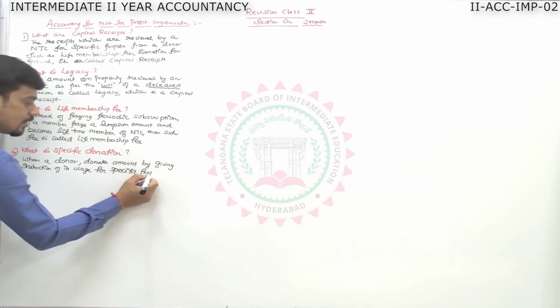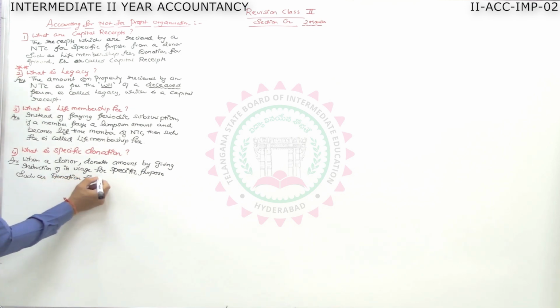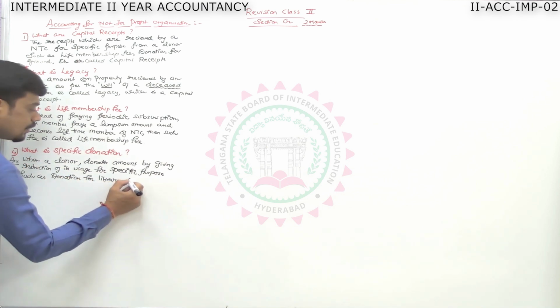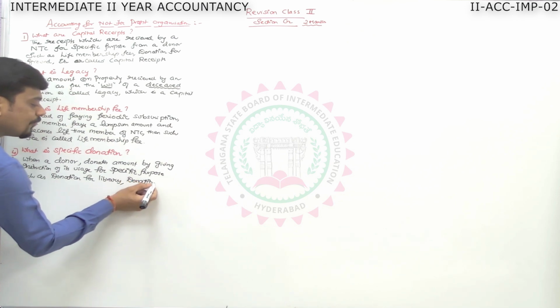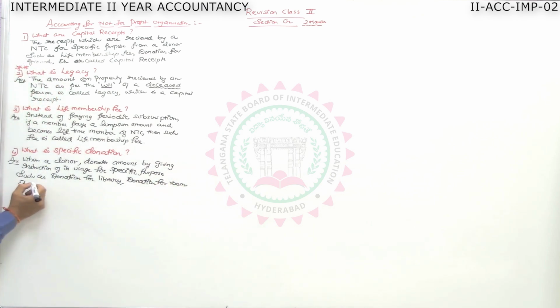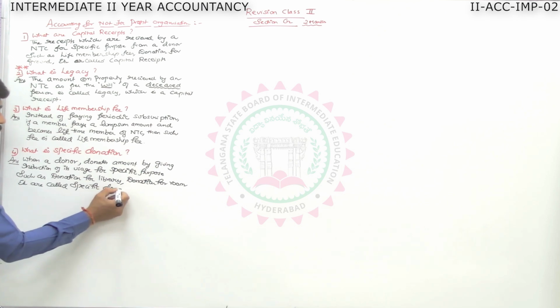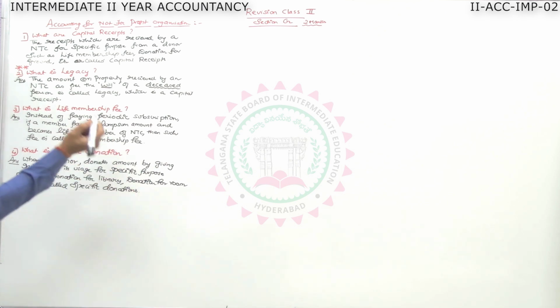For which purpose? Specific purpose. Such as, what we can say? Like, he may say, donation for library. He told specifically library. Like that, you can say donation for room. Donation for room, etc. are called which donations? They are called specific donations.